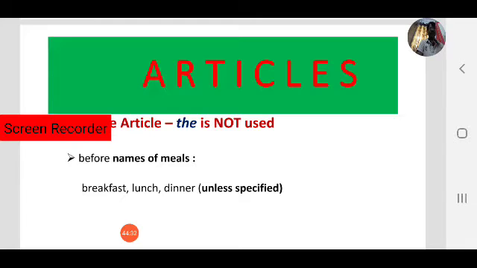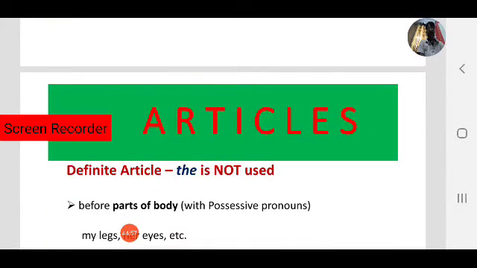But generally, we need not use the before names of meals, breakfast, lunch, dinner, unless specified. Only in a particular, already mentioned case can we use the lunch, the breakfast, the dinner. In common general use, we need not use the before names of meals.